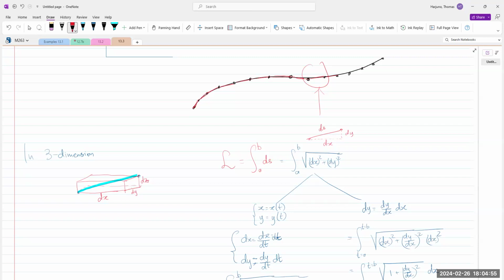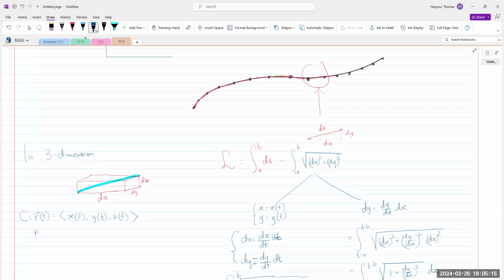Okay, so in other words, suppose our curve is managed by the vector function r(t), which is x(t), y(t), z(t), parameterized by t, right?